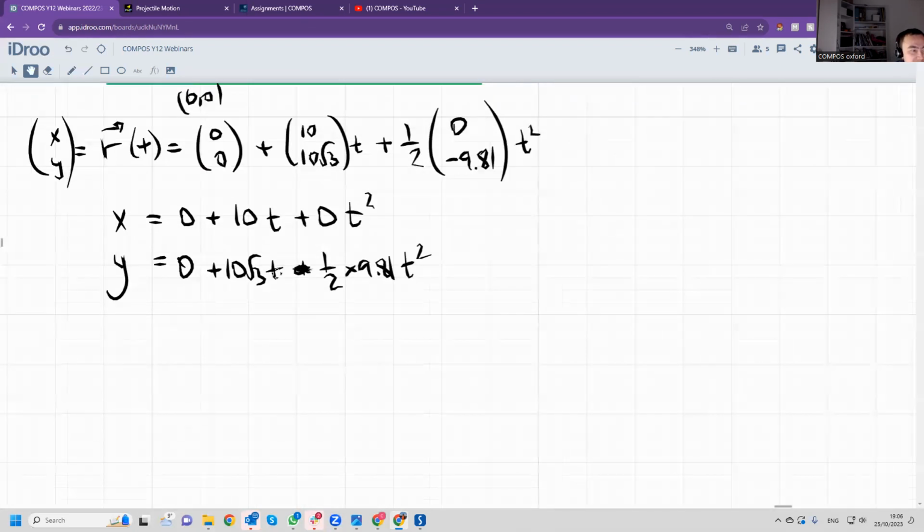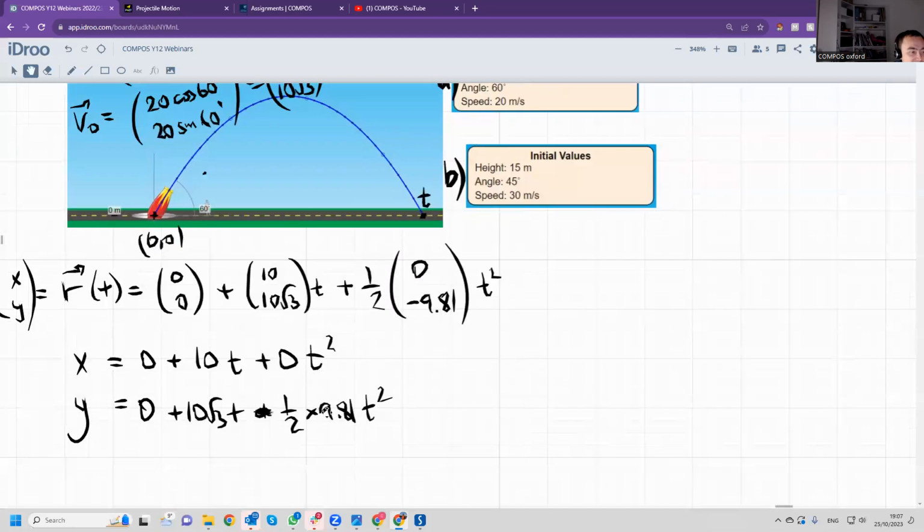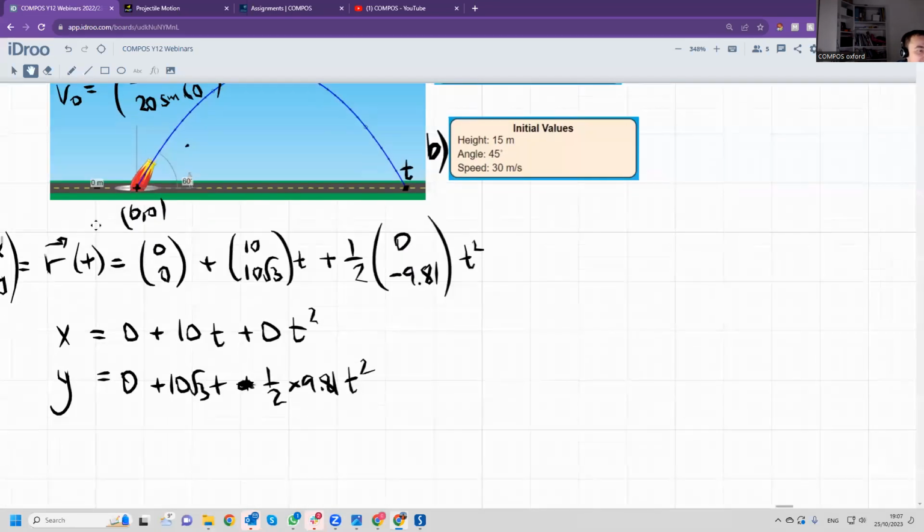That is beautiful, because now we can find the t, we can find the time.